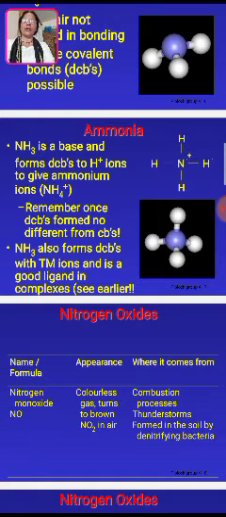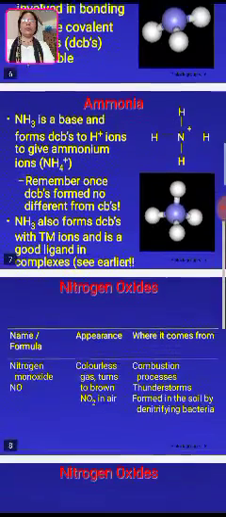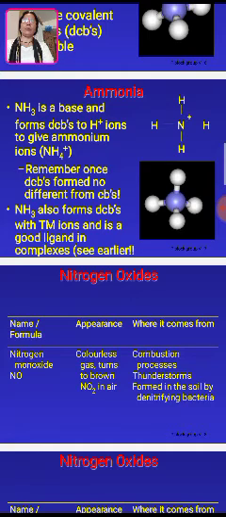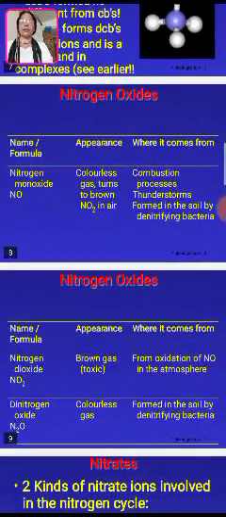It forms a dative covalent bond to a hydrogen ion to give the ammonium ion, NH4+. Remember, once a dative covalent bond is formed it is no different from other covalent bonds. NH3 also forms dative covalent bonds with transition metal ions and is a good ligand in complexes, as shown on the previous slide.